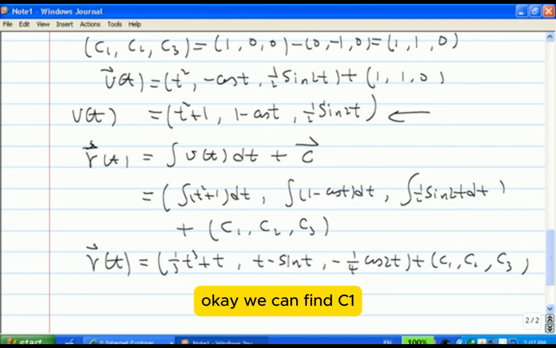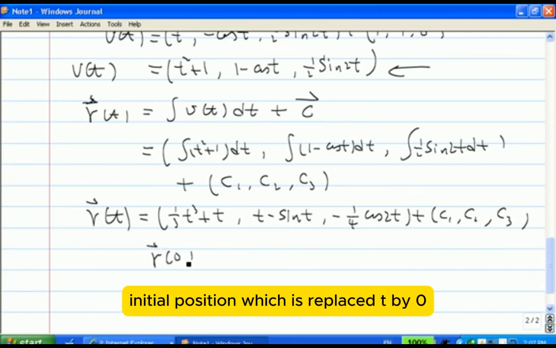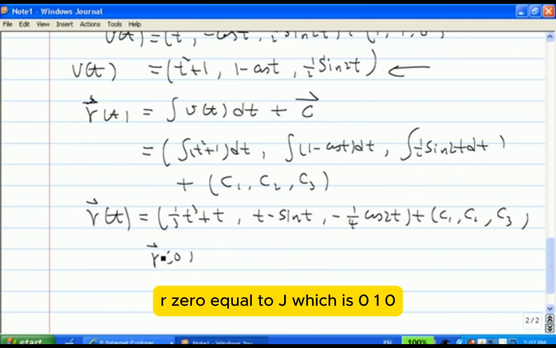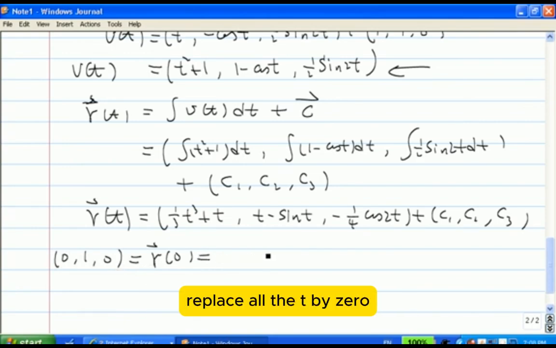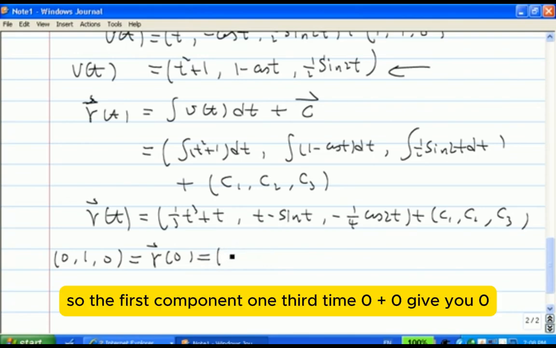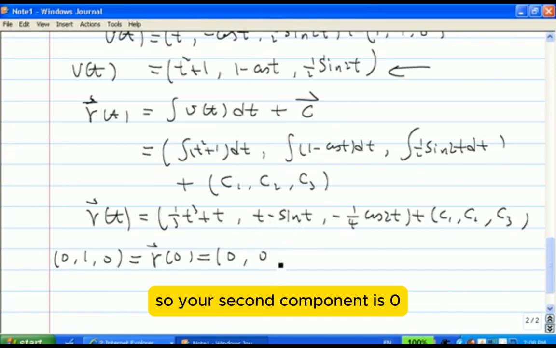Okay, we can find C1, C2, C3 by knowing the initial position. Replace t by 0: r of 0 is equal to j, which is 0, 1, 0. We know this. But on the right hand side, replace all the t by 0. The first component, 1/3 times 0 plus 0 gives you 0. The second, replace t by 0, and sine 0 is 0, so your second component is 0.